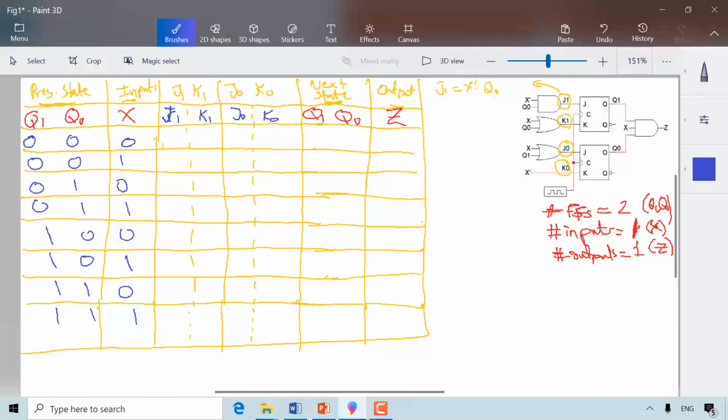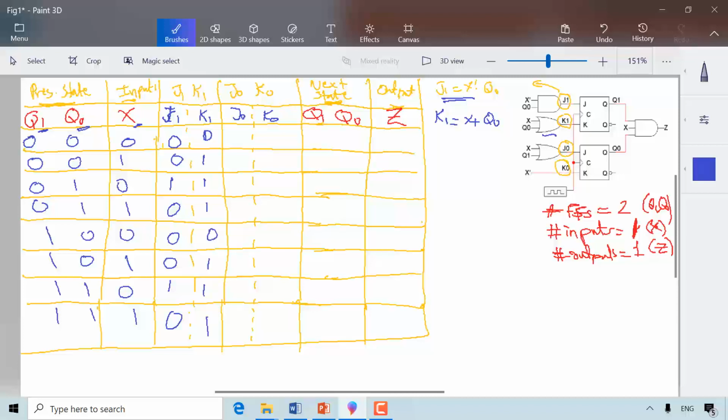You will find by evaluating this equation that this is equal to 0, 0, 1, 0, and 0, 0, 1, 0. Now, how about K1? Well, K1 from this diagram equals X or Q0. So you can evaluate K1 based on the values of Q1 and Q0 and X, and you will end up with K1 equals 0, 1, 1, 1, 0, 1, 1, 1.